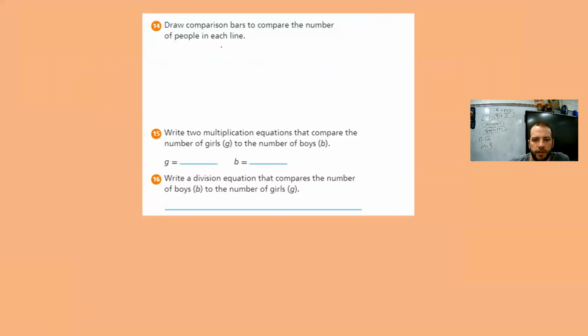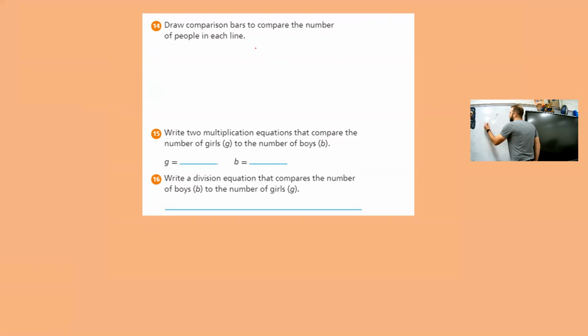Draw comparison bars to compare. So what the comparison bars are, this part right here, okay? When they're making comparison bars like this, I'm not too worried about the comparison bars. So you don't have to worry about the comparison bars. What we're talking about now is in the gym, 8 girls are standing in one line, 4 are standing in the other. So what they want you to see is that there's 8 girls and 4 boys.